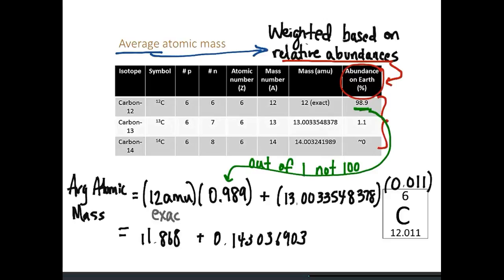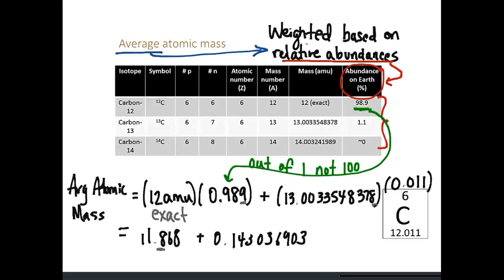Now, if we're figuring out significant figures, the 12 is exact. It's the only exact number on the table, the only exact number for the elements that we know. That 12 is exact, which means that the 11.868 is accurate to that first 8. It has 3 sig figs because the 0.989 has 3 sig figs.